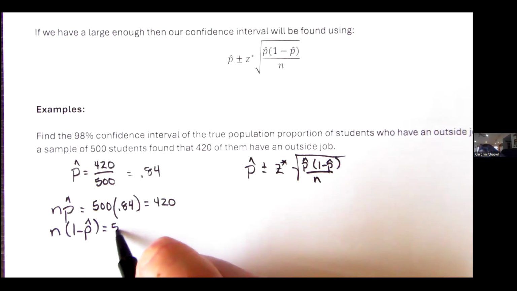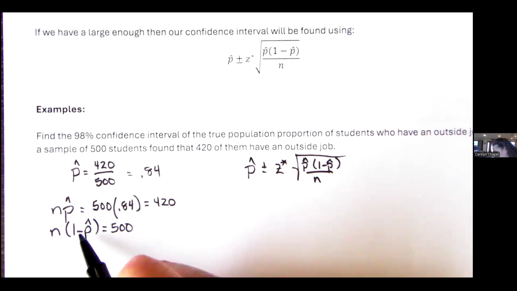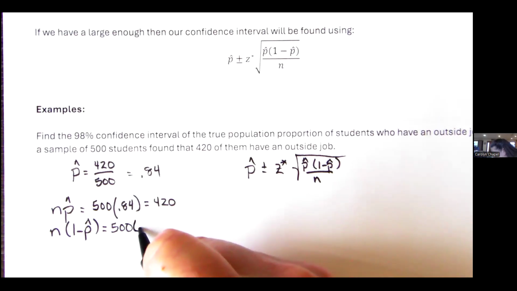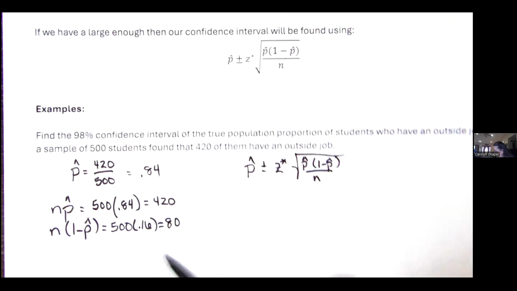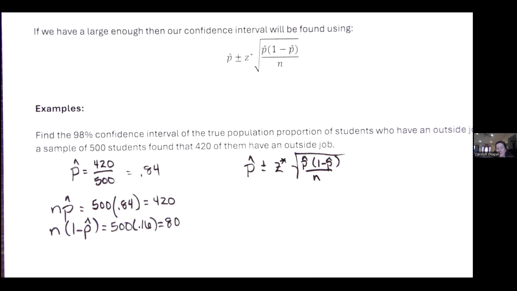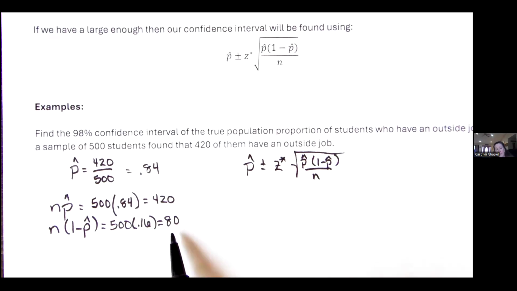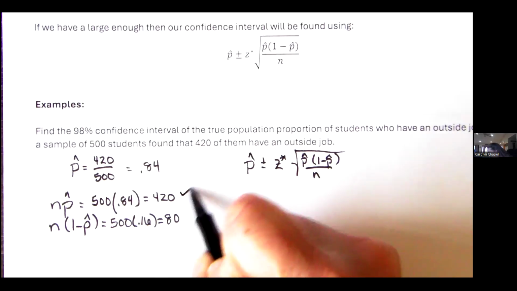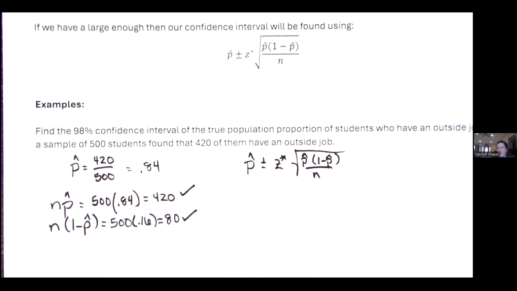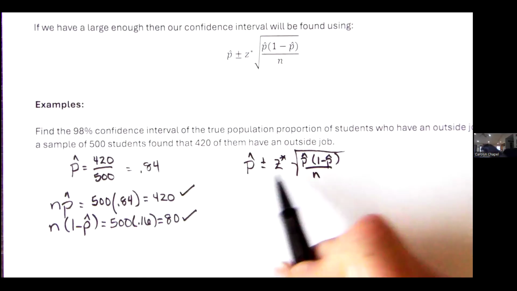I can calculate the other one too. 1 minus 84% is 16%, so 0.16. If I multiply those together, I get 80. Notice these two numbers add up to the 500. This would be the people who do not have outside jobs. Both of them are bigger than 10, so we can use the normal curve.